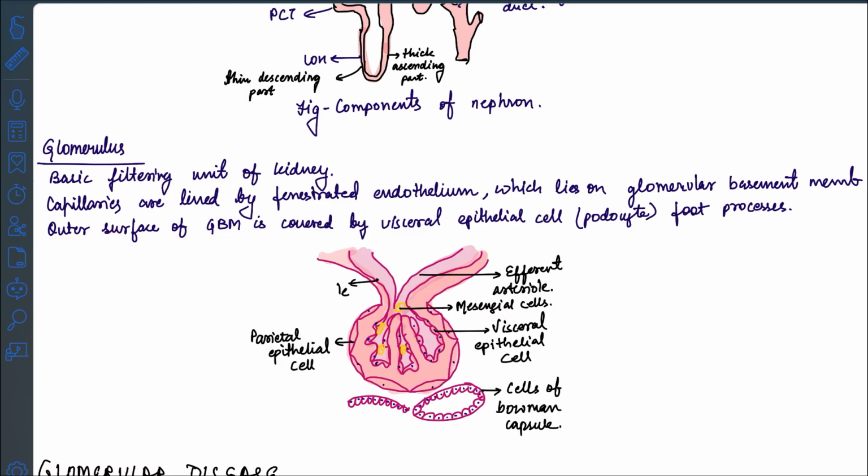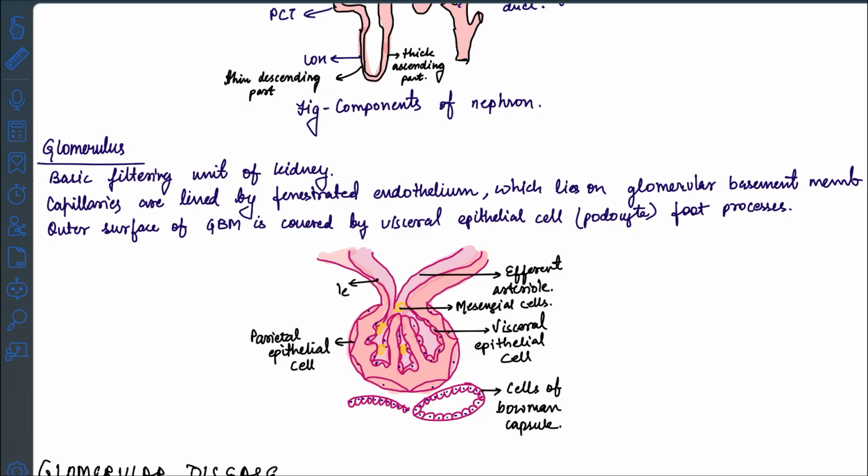The entire outer surface of glomerular basement membrane is covered by visceral epithelial cells, which are known as podocyte foot processes. The visceral epithelial cells line the glomerular side of Bowman's space, whereas the epithelial cells line the Bowman's capsule on the opposite side.